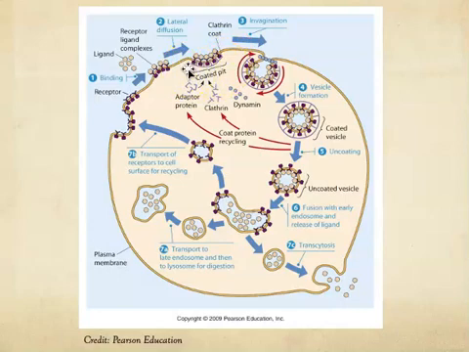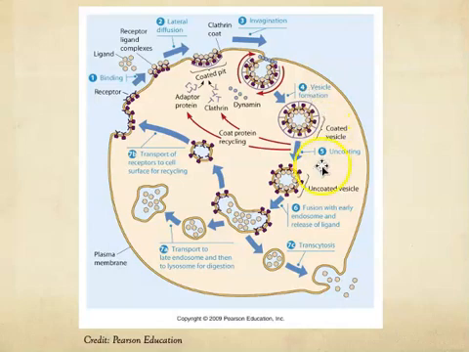Eventually, there'll be enough coat protein to trigger the invagination of that area of the membrane. That will pinch off and create what we might ordinarily call a transport vesicle, but in this case is referred to as a coated vesicle because it is covered in coat protein.